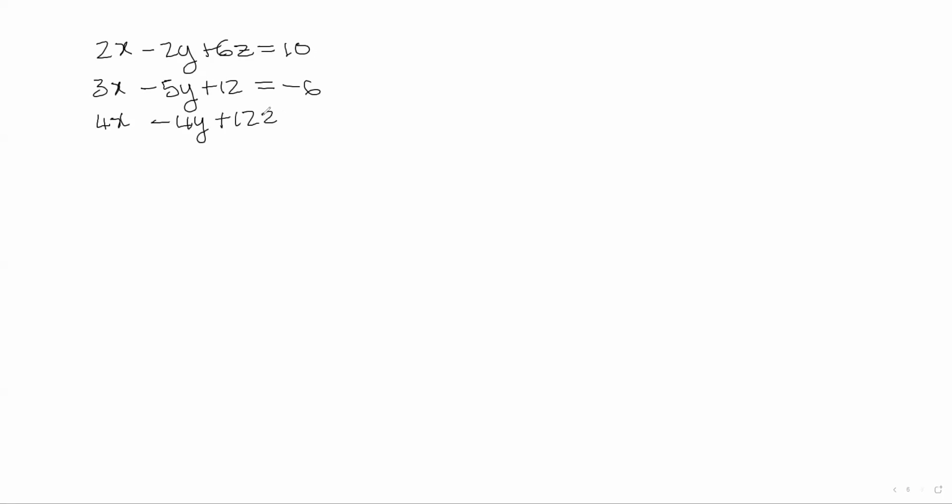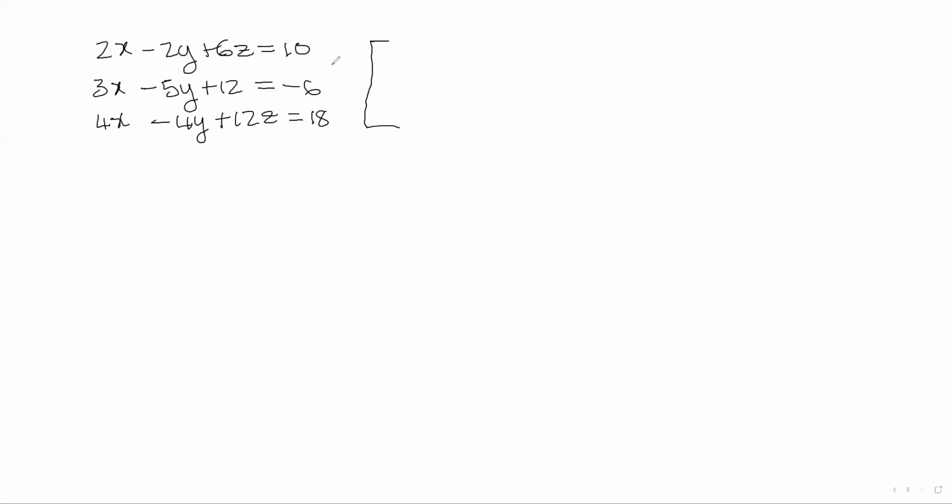Imagine we have a system of equations: 2x minus 2y plus 6z equals 10. Then we've got 3x minus 5y plus 12z equals minus 6. Then we've got 4x minus 4y plus 12z equals 18. And then we create an augmented matrix using this.